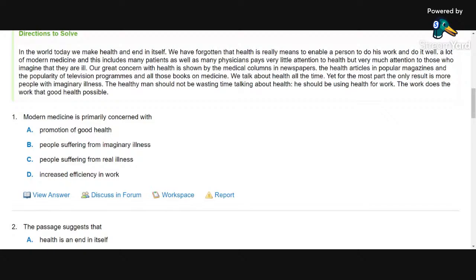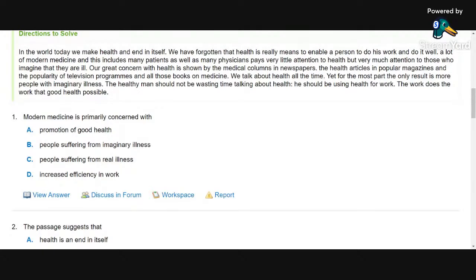Let's see what is given. In the world today, we make health an end in itself. We have forgotten that health is really a means to enable a person to do his work and do it well. A lot of modern medicine, and this includes many patients as well as many physicians, pays very little attention to health but very much attention to those who imagine that they are ill.